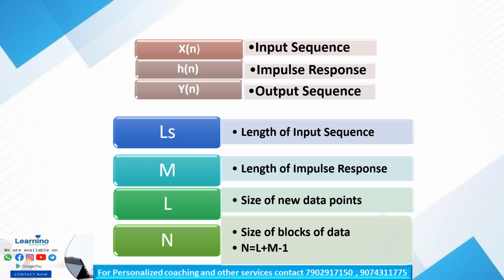Capital L is the size of new data points after dividing into blocks. Capital N is the size of blocks of data, and capital N is equal to L plus M minus 1. So these are the important notations, and using these we will move to the overlap add and overlap save methods.